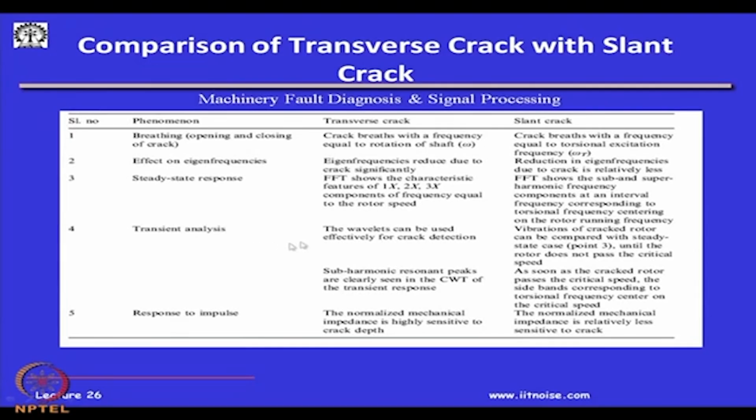In transient analysis, we can use the wavelets to detect transient crack, like I told you. In the case of the response to impulse, when I give an impulse force, the normalized mechanical impedance is highly sensitive to crack depth in the case of the transverse shaft, and in the case of the slant crack, it is relatively less.